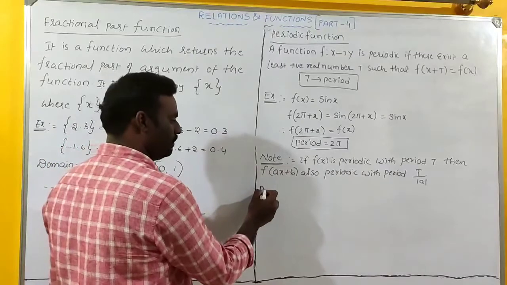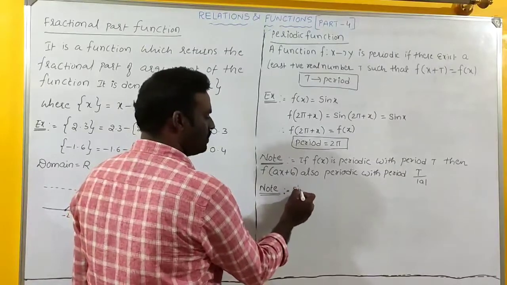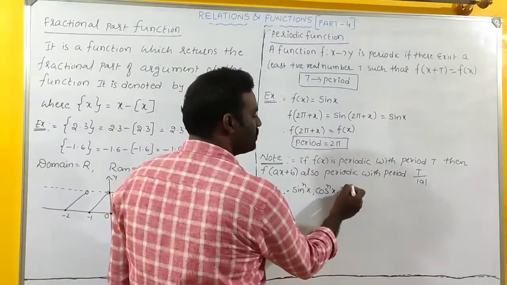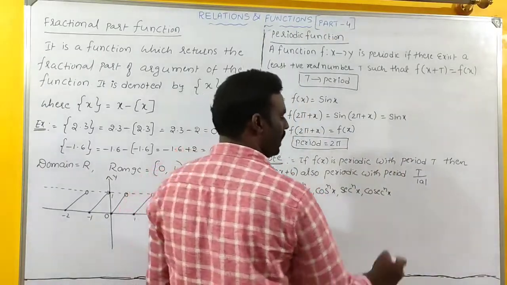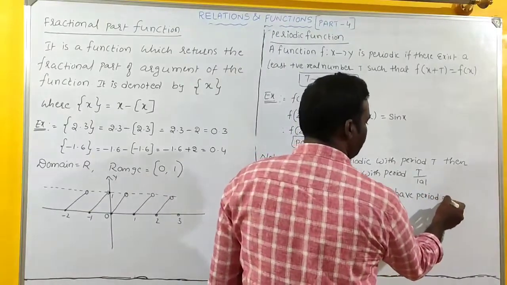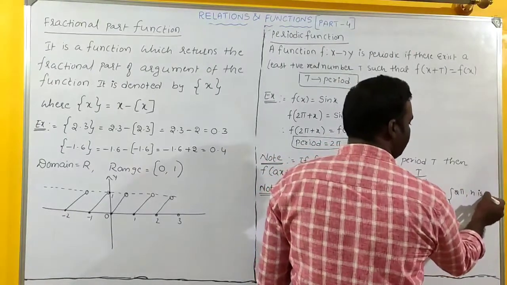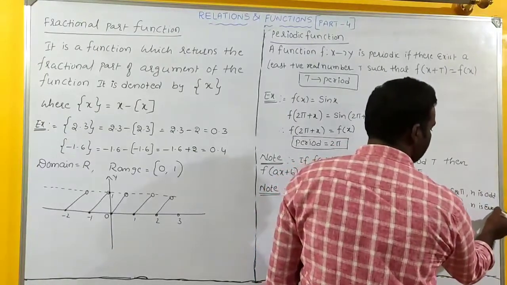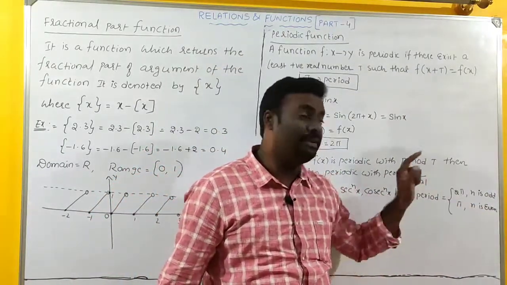Next, one more. Sine power nx, cos power nx, secant power nx, cosecant power nx have period equal to 2 pi if n is odd, and pi if n is even. So, if the power is odd, the period is 2 pi. If the power is even, the period is pi.